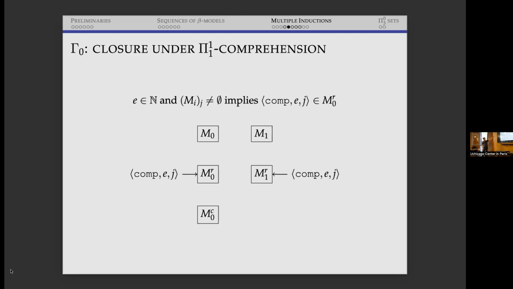If you have any set that's already made and it's not empty and you have a description for it, then you can make the comprehension for the pi 1 set, using this set that we had already made, J, as a parameter. Each time we take it, we're going to repeat it omega many times to get to the closure under pi 1 comprehension.